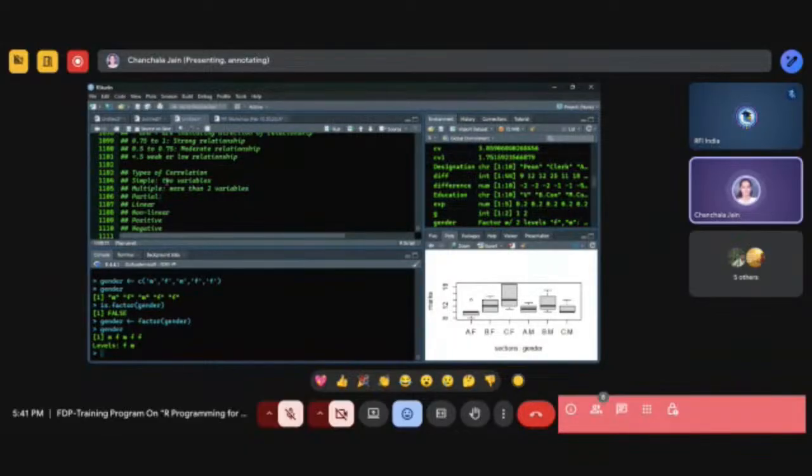In case of partial correlation, we measure the relationship between a few variables by keeping other variables constant, right?